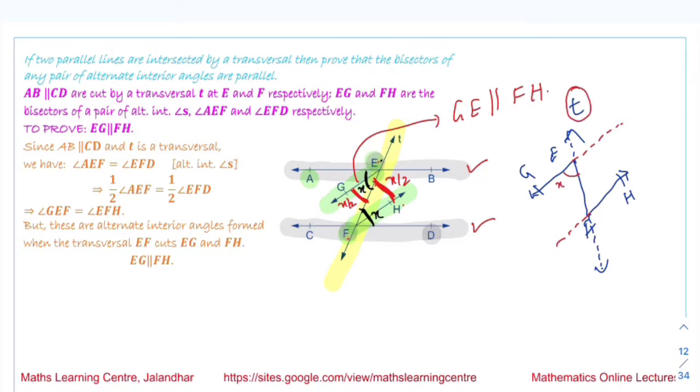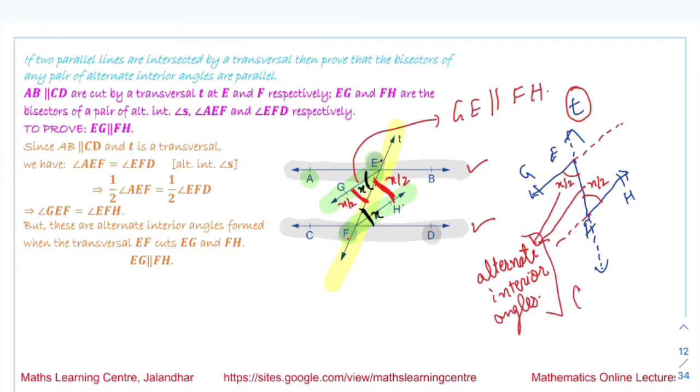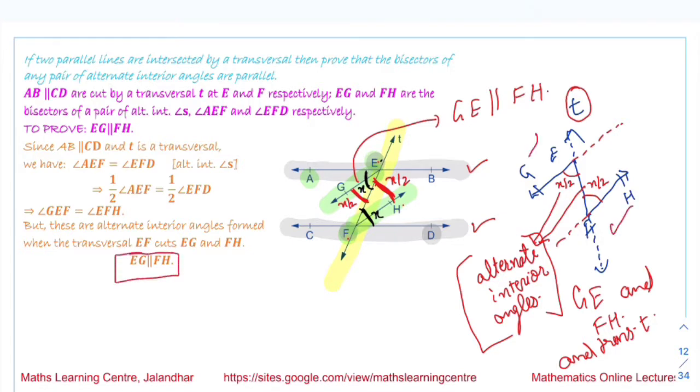This angle is x by 2 and this angle is also x by 2, and these two angles are alternate interior angles corresponding to the lines GE and FH and transversal T. Now as the alternate interior angles are equal, these two lines GE and FH are parallel.